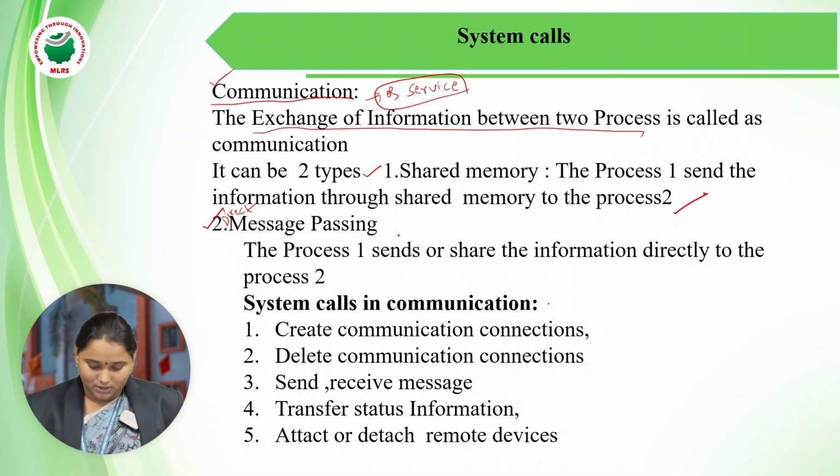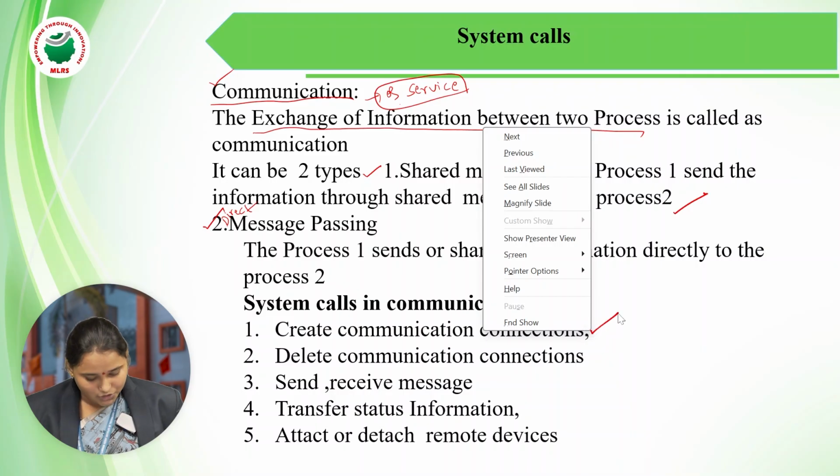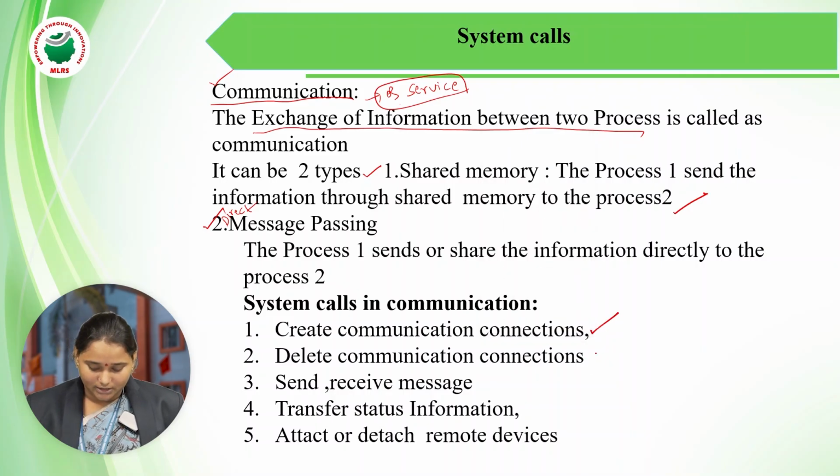The system calls used in communication are: create a communication connection, delete a connection, send and receive a message, transfer status information, and attach and detach remote devices. These are the system calls used in communication.